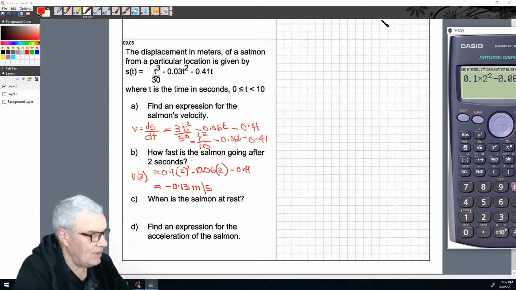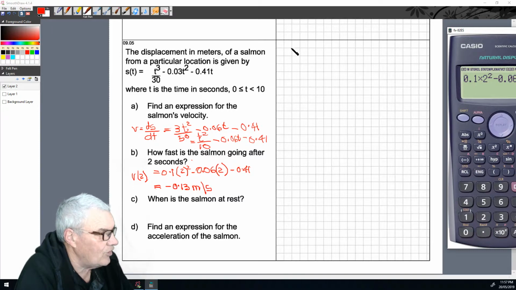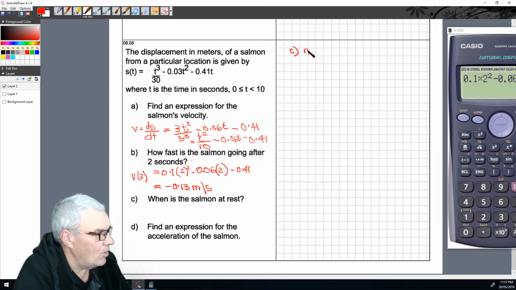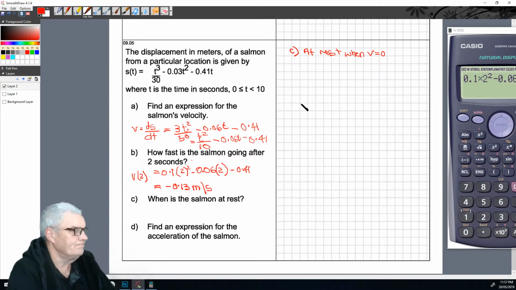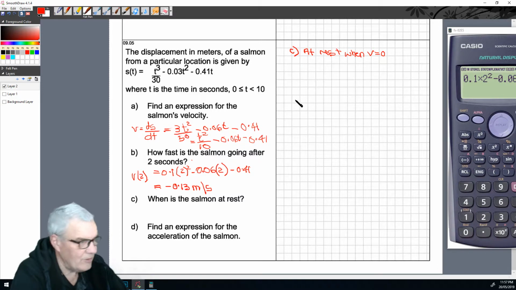So the salmon is at rest when V equals 0.